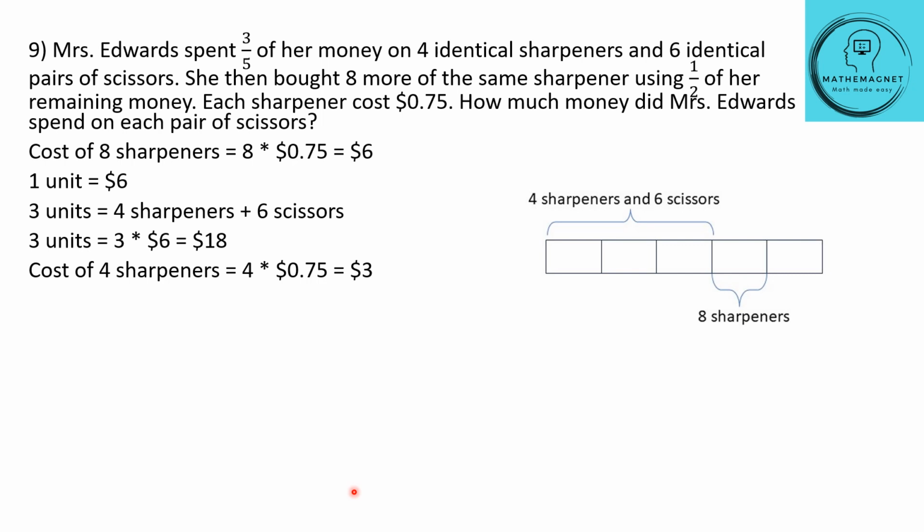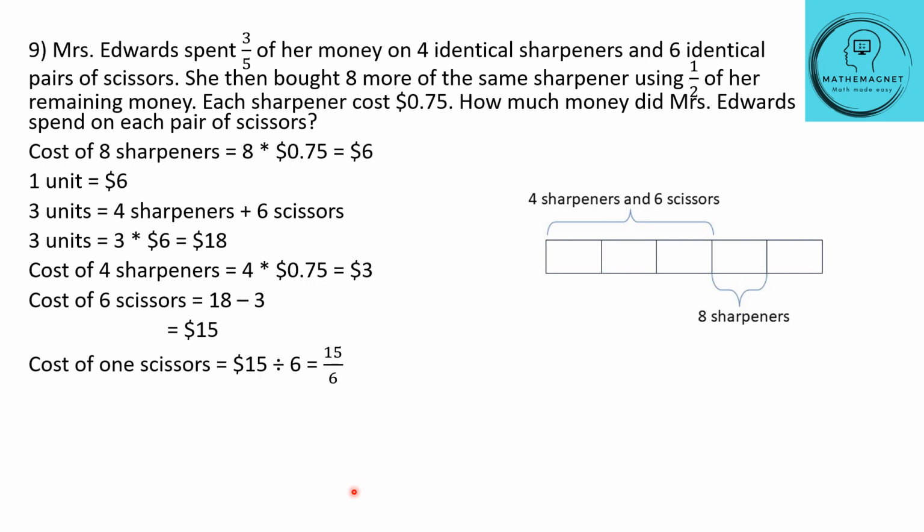Now the cost of 4 sharpeners we can find by multiplying 4 into $0.75, which is equal to $3. And if we subtract 18 minus 3, it will give you the cost of 6 scissors. So the cost of 6 scissors is $15. Now they've asked us to find the cost of only one scissors.